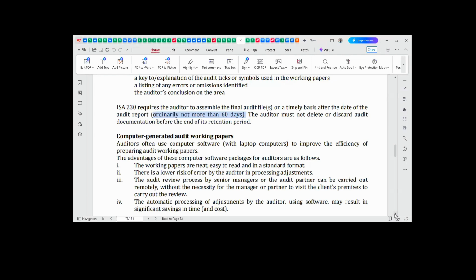Audit software has audit documentation embedded in it. What that does is make audit working papers neat, easy to read, and in a standard format.